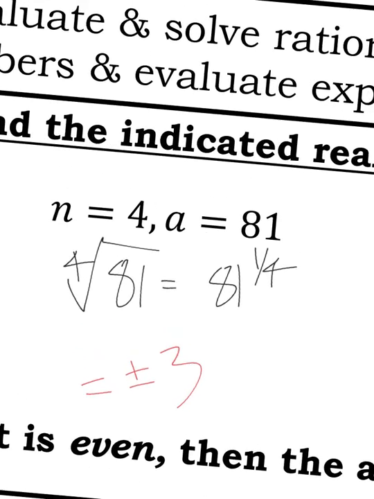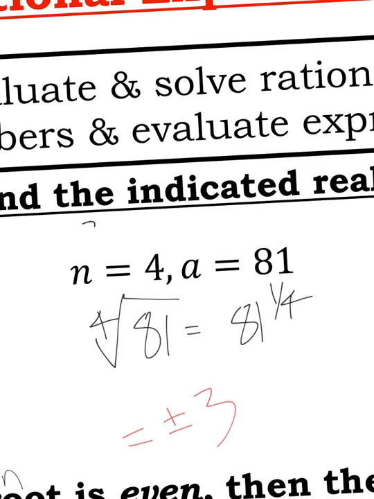Because the inverse of this is 3 to the 4th power is 81. And you could easily do -3 to the 4th power, and that'll also equal 81. So anytime you have an even number of negatives when they're multiplying, they'll all cancel each other out.